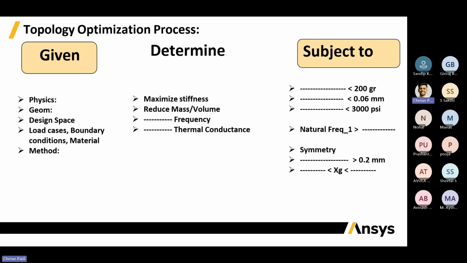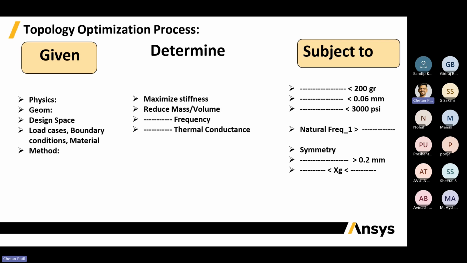Then physics, in the sense, basically you can make use of static structural conditions. So the structural results that you are particularly focusing on, whether it might be the stiffness of the geometry, the stresses in the geometry, the strains or the displacements in the geometry, those things can be considered through the structural simulation.